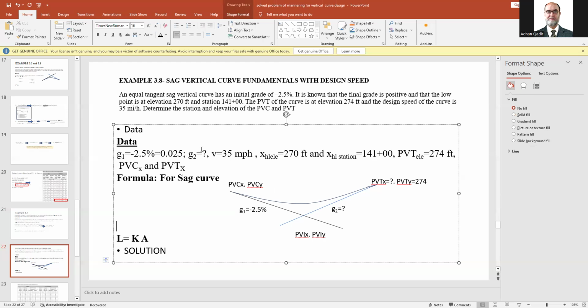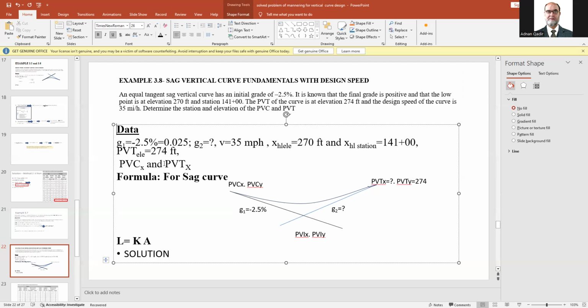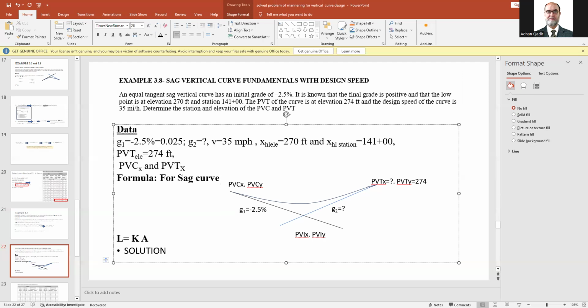Now, this data is like this. G1 is given to us. G2 is not known to us. We have been given design speed, and we have the low point elevation.